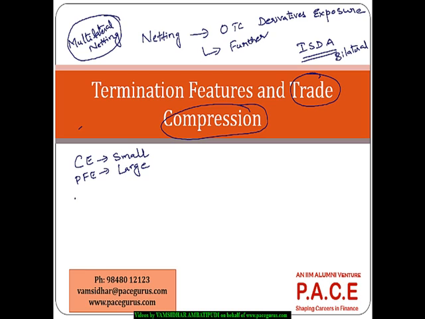So somewhere I need to have some kind of a feature that can reduce that high exposure in the future. Now this is where we talk about some kind of break clauses at any point in time when the exposure at a future point is much higher. I should be able to break the contract, or I should be able to do some kind of a resetting of the terms and conditions of the contract. So these are some more ways of addressing the counterparty risk.